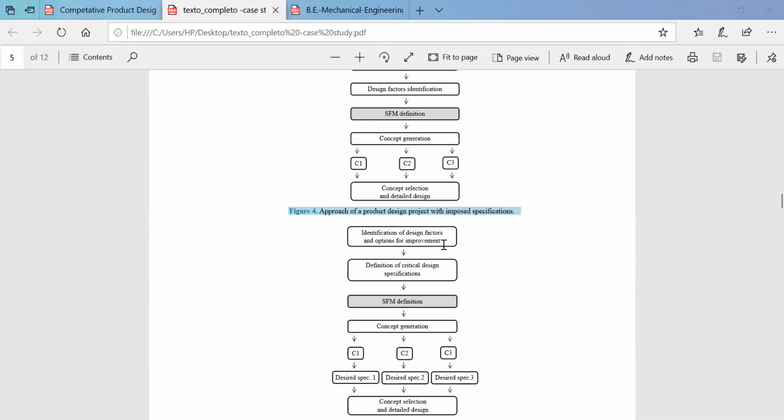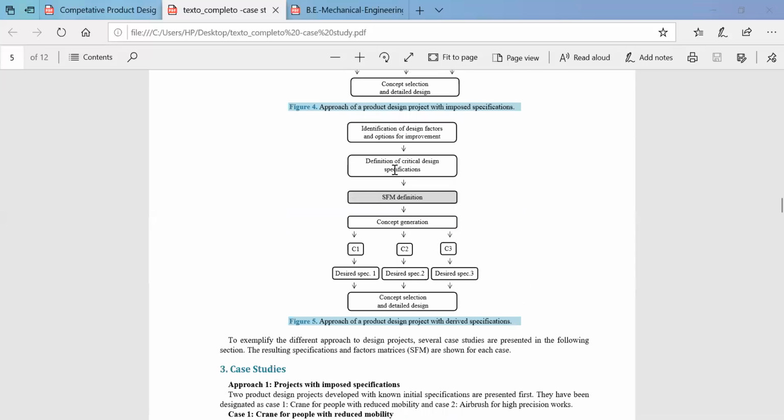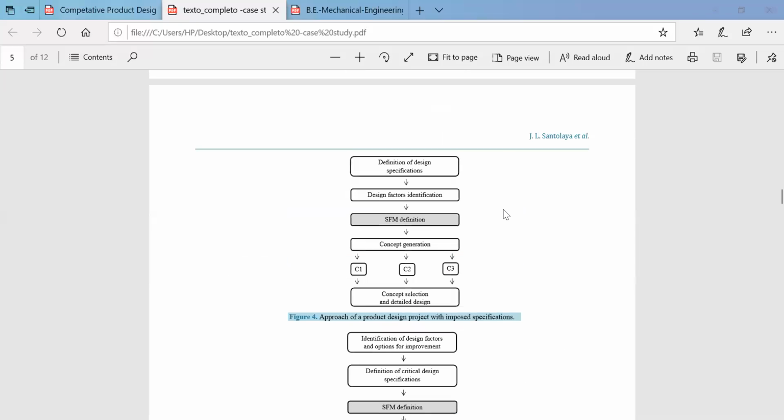Finally, after this fine tuning and identifying the design factors available in the design for X criteria, we will go for the definition of critical design specification. Until now you were just studying the design specifications.